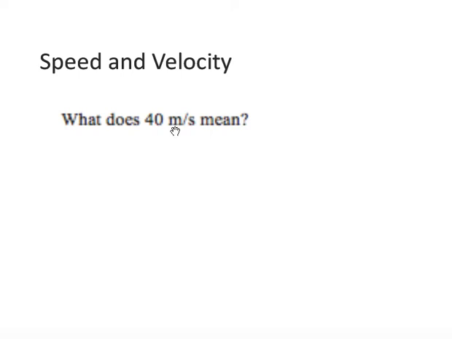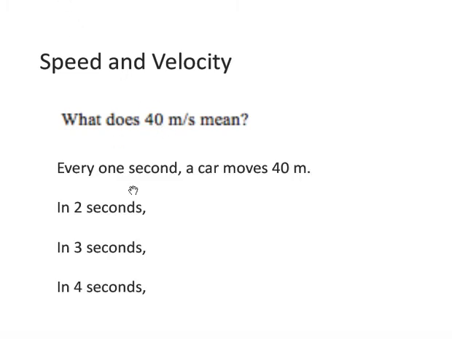So what does 40 meters per second mean? Let's say an object was traveling not just at 7 meters per second, but at 40 meters per second. What does that actually mean? Well, it means that every 1 second, let's say it was a car, it would be moving 40 meters. So if in 1 second the car moves 40 meters, in 2 seconds the car would move 80 meters.